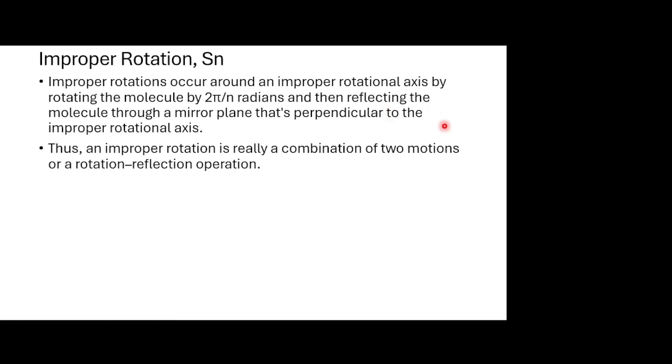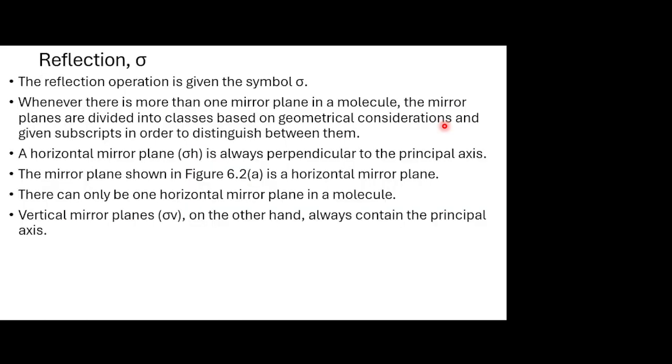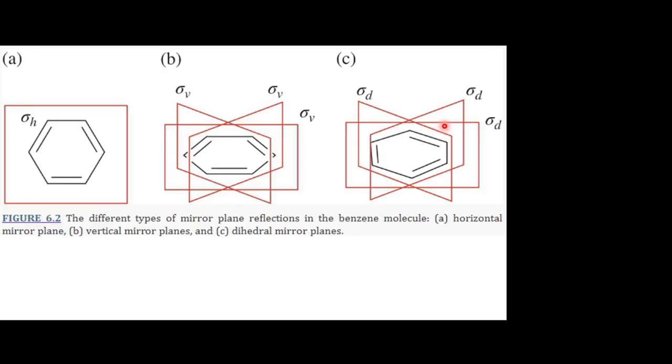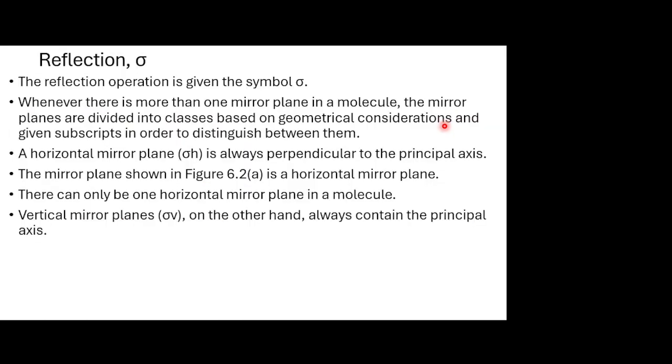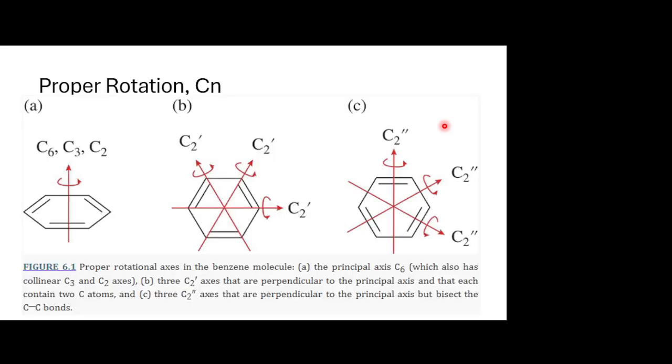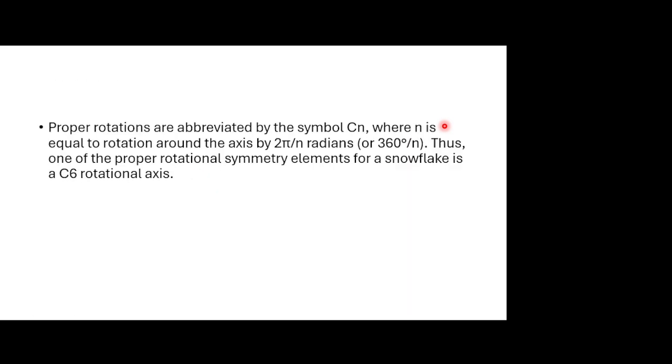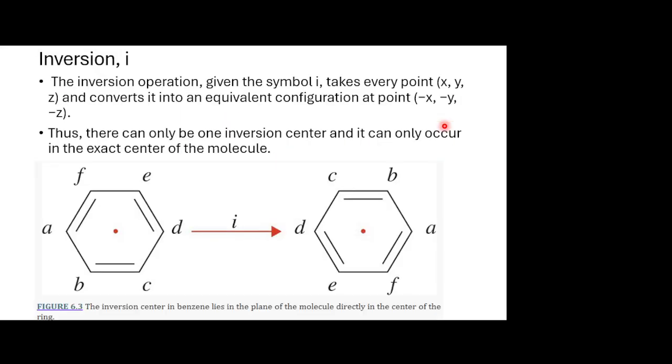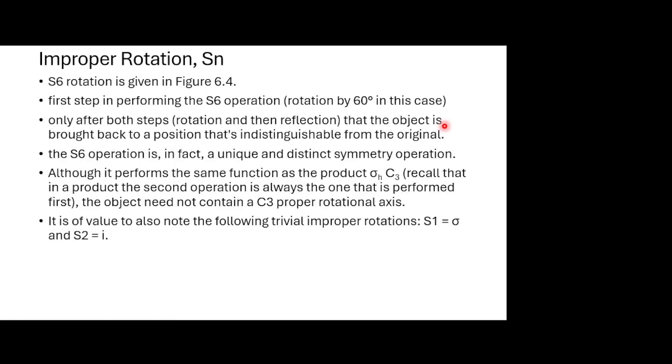Of course, we have the rotation, which are the C's, and then we have the reflection, which is those sigma symbols, right? So we're combining these two, and that gives us an improper rotation.